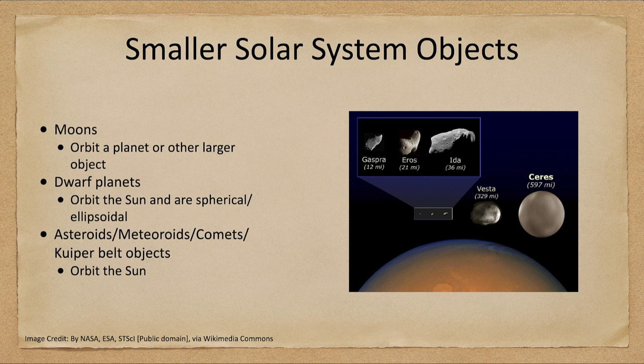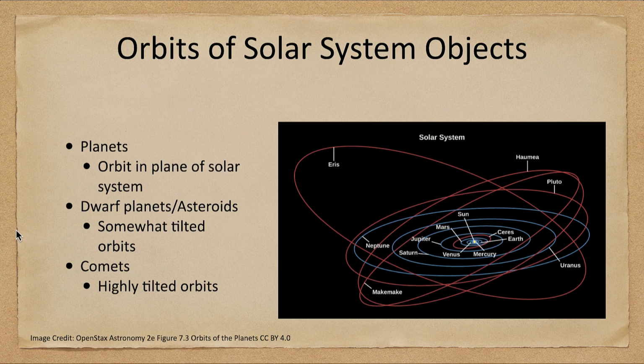Now let's look at how things orbit in the solar system. So when we look at them, the planets all orbit in the same plane. The planets shown in blue here are all orbiting in the same plane. And in fact, you can draw them on a piece of paper, and that's a relatively good approximation of the solar system.